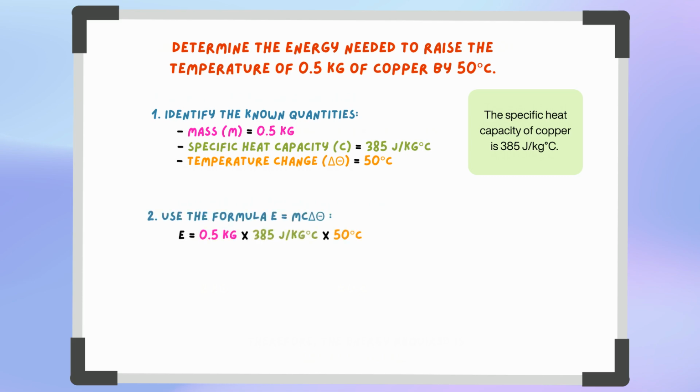E equals 0.5 kilograms times 385 joules per kilogram degrees C times 50 degrees C. This gives us 9,625 joules. Therefore, the energy needed is 9,625 joules. Let's look at one final problem.